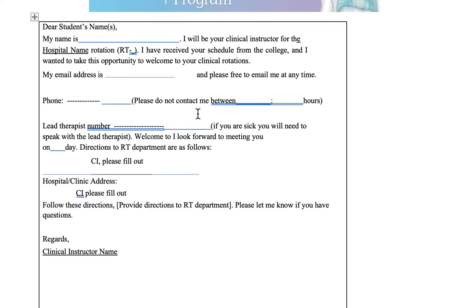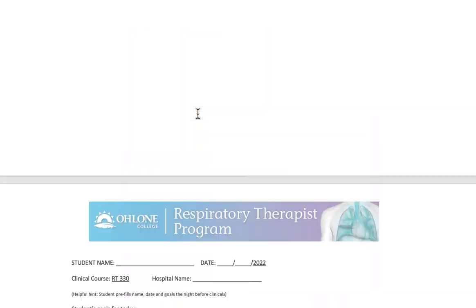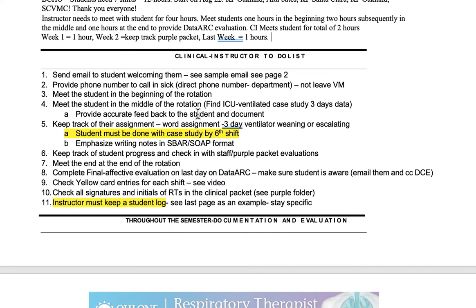These things are emphasized in the course when I give an orientation to the students, but please also emphasize this to the student. Give them the number from the get-go. Provide the phone number to call in sick. I would emphasize that they should call an hour early if they can.